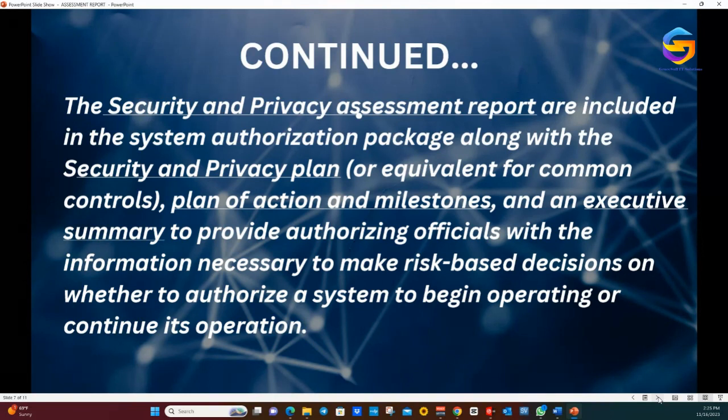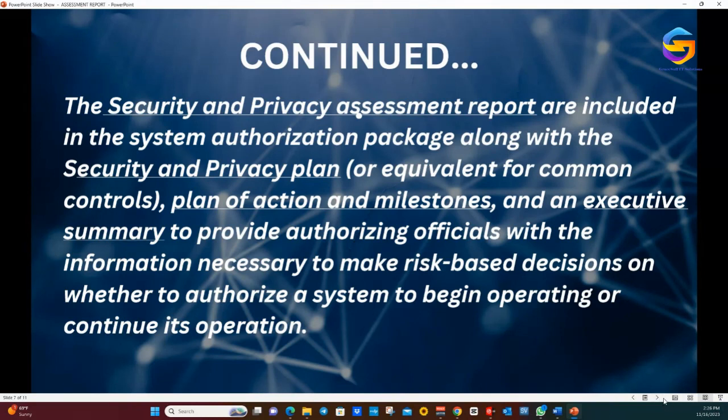Just a summary. All that we are trying to say is that the security and privacy assessment report is very, very important. It is a vital document given to the authorizing official to either accept the system to operate or to deny it. Therefore, it is a document that you don't want to play with. It has a lot to do.